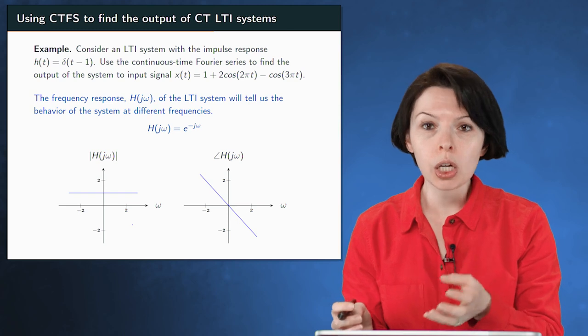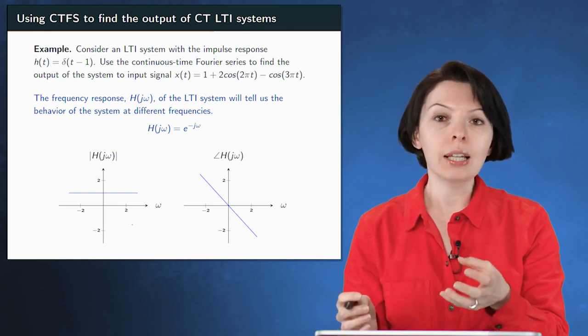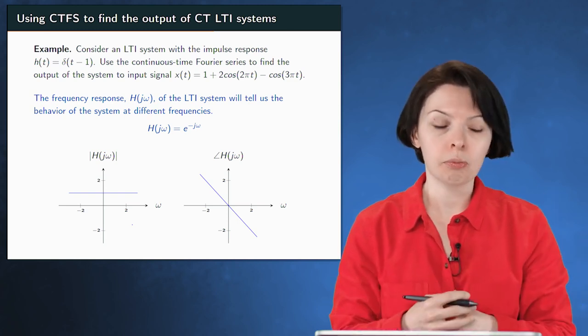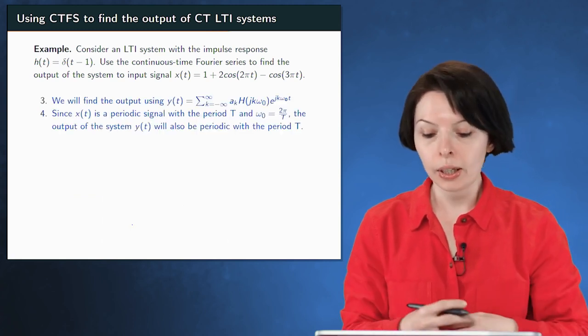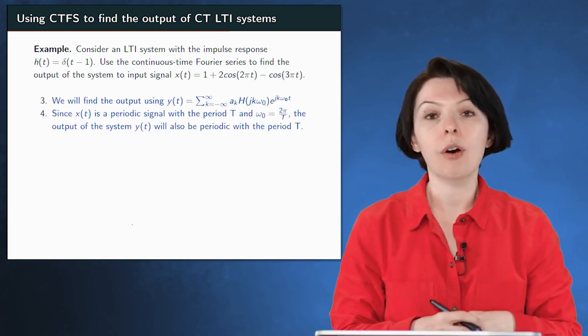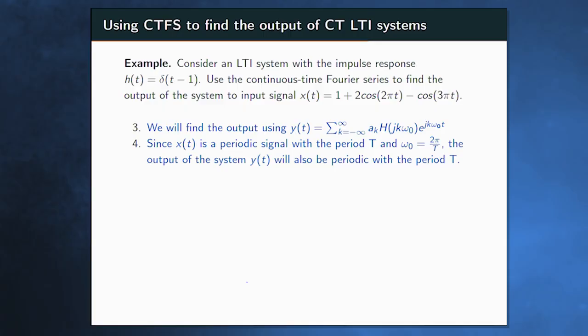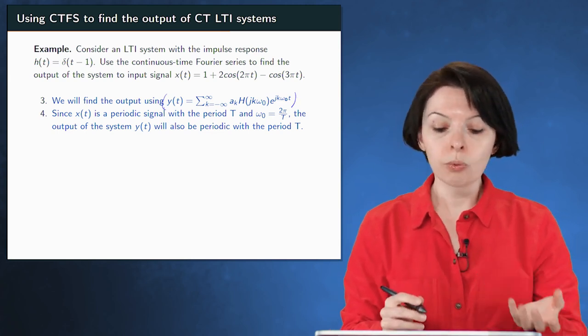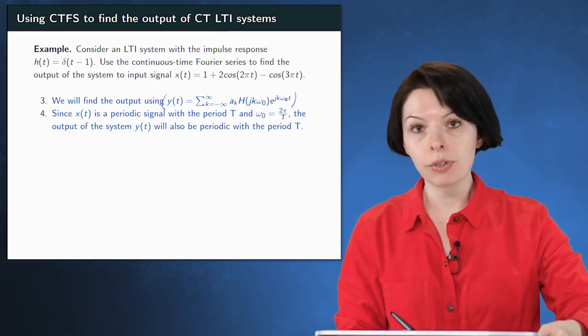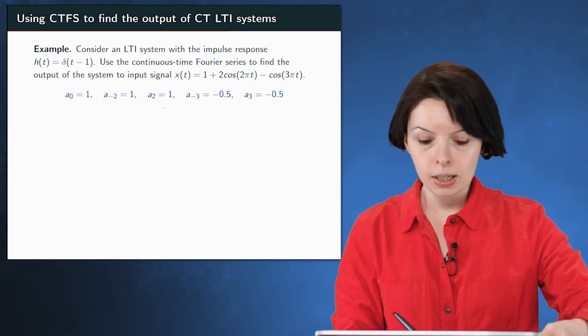So it's going to change the phase values in the frequency components of the input signal. Let's see how it happens for our given x of t. So I have an expression for calculating y of t. It's given in here. And I know that x of t is periodic, so y of t is also going to be periodic with the same period.